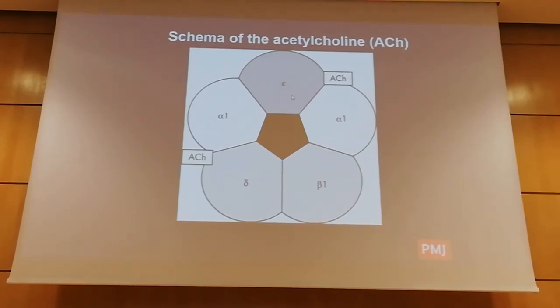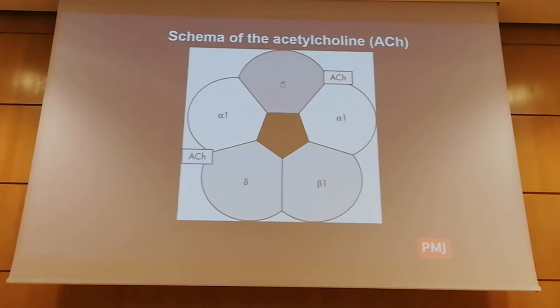In a non-functional or immature nerve, you will see that this unit here is replaced by a gamma unit. Okay? Now, how does it work? When the 2 alpha units are occupied by acetylcholine, the acetylcholine receptor is going, actually, I apologize, this should be acetylcholine receptor, so you have to add here an R, my apology. So the acetylcholine receptor is, quote unquote, going to open like a Chinese purse.